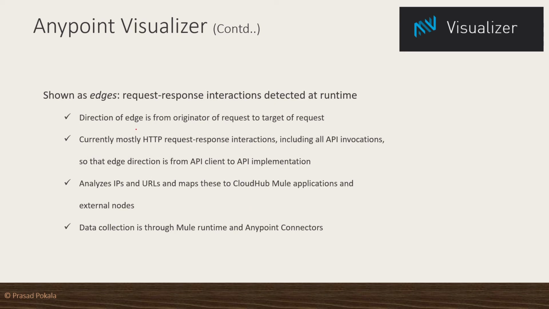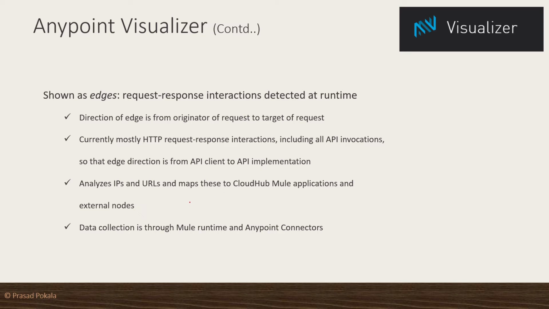Coming to the edges, the direction is generally shown to say whether it is inbound or outbound, so that we know who is calling whom. For example, if it is an HTTP request-response interaction, then all the API invocations are shown in edge direction with an arrow from the API client to the API implementation, meaning the caller to the called. So that is the direction, straightforward.